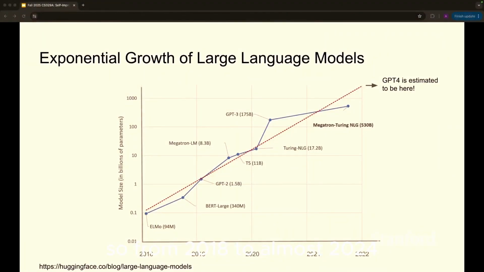From 2018 to almost 2024, this graph is a little bit outdated, but as the model size has gone up, we have been almost consistently increasing the size of the model.